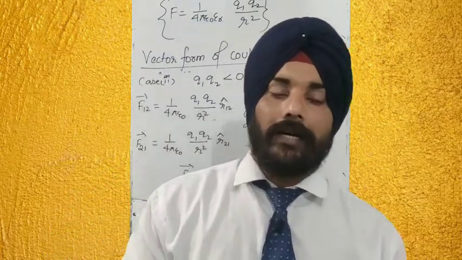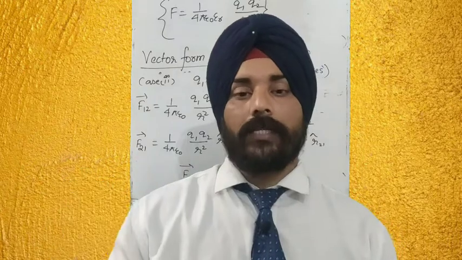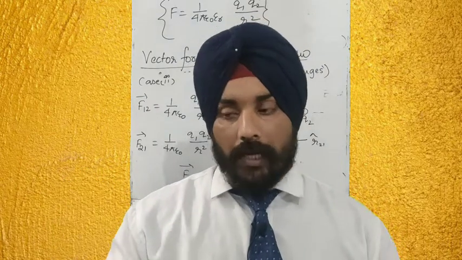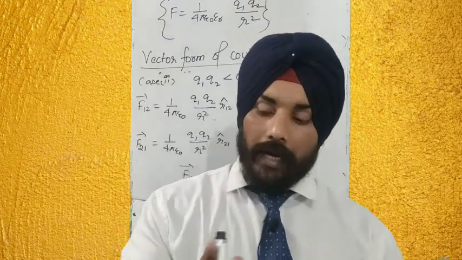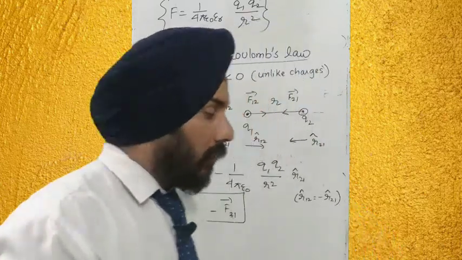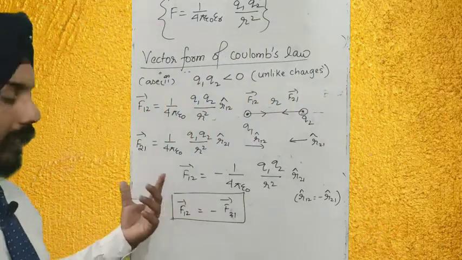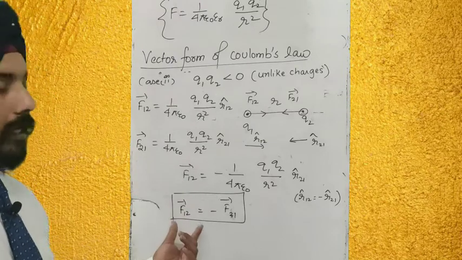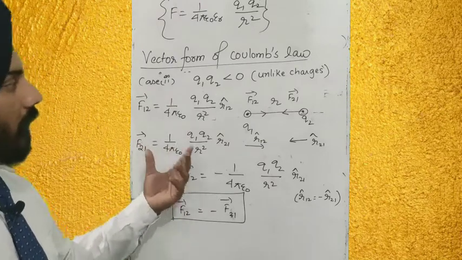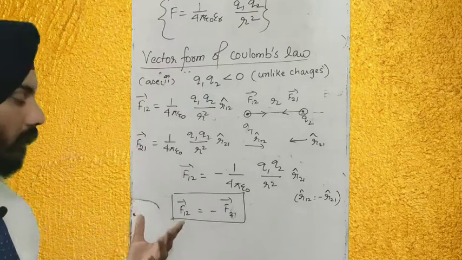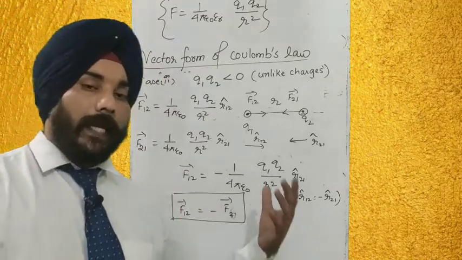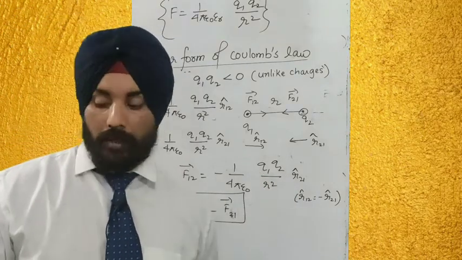Newton's third law: action-reaction forces are opposite to each other, equal in magnitude, acting on different bodies. So here one very important fact comes out: Coulomb's law, or the Coulombian force, obeys Newton's third law.